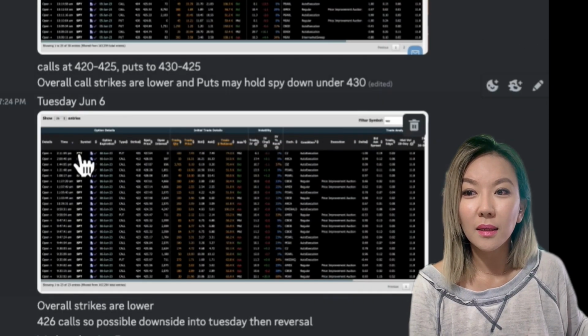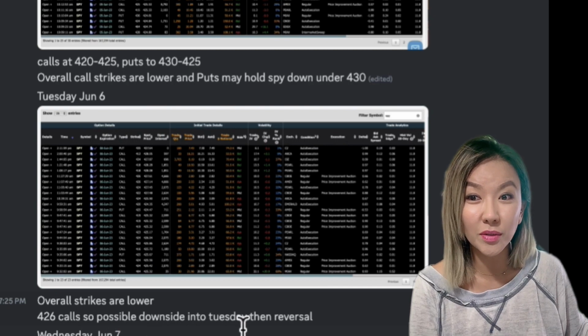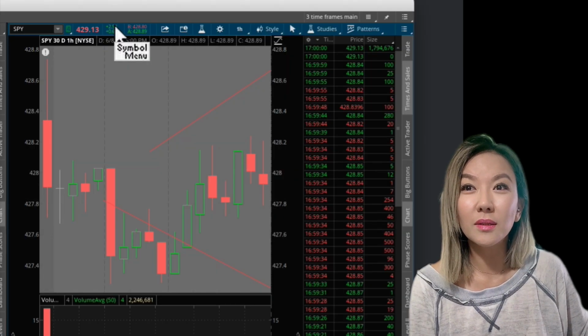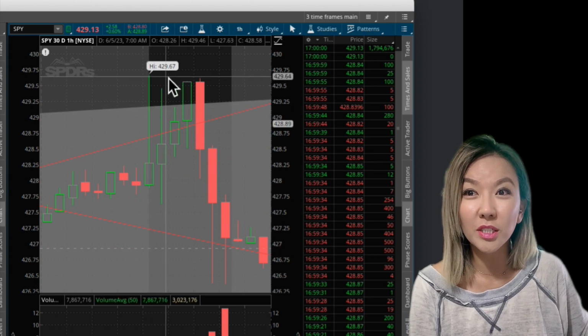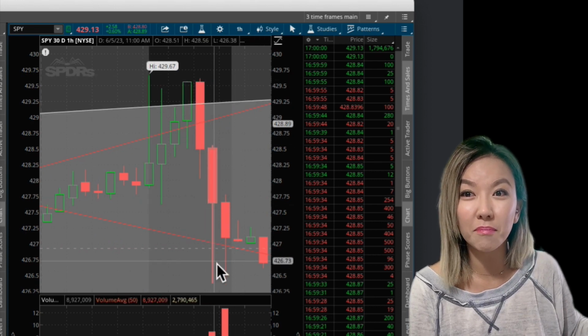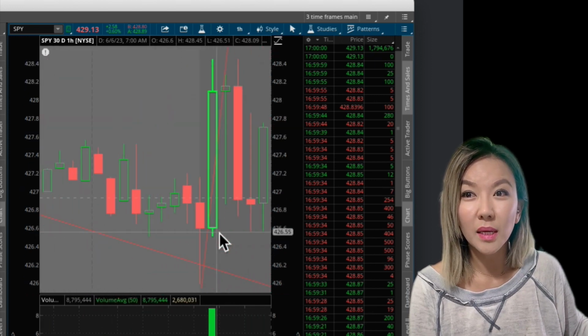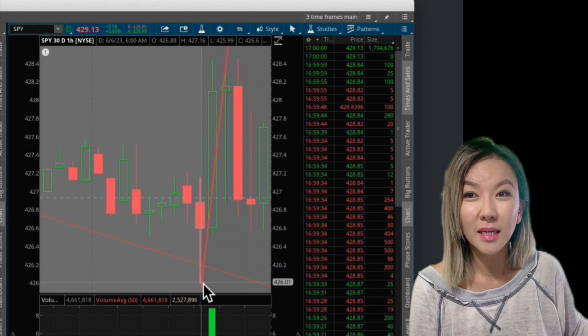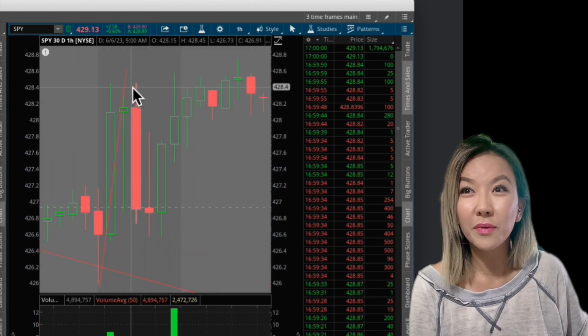So I said calls possibly to 426 into Tuesday, then reversal. So look what happened. Monday, 430 rejection goes down to 420, maybe 425. Continues to 426. Then reversal.